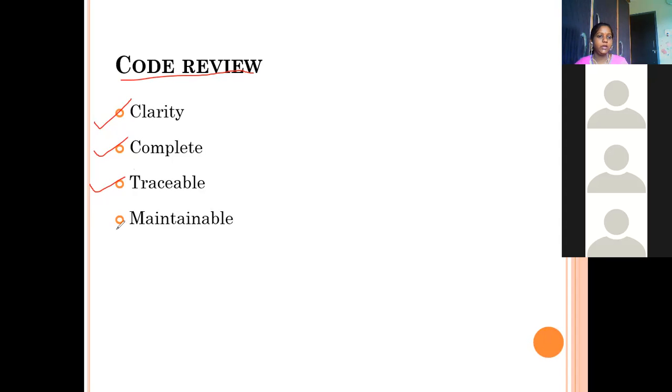Finally, it should be maintainable. Any developer with basic knowledge and training about coding must be able to handle the code in future while maintaining or bug fixing it. So this is about the code review.